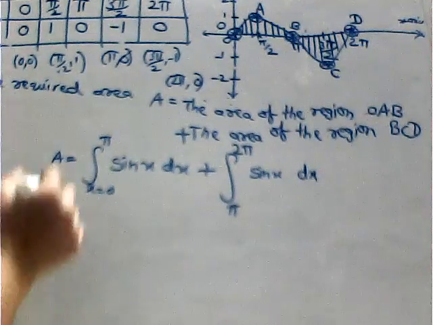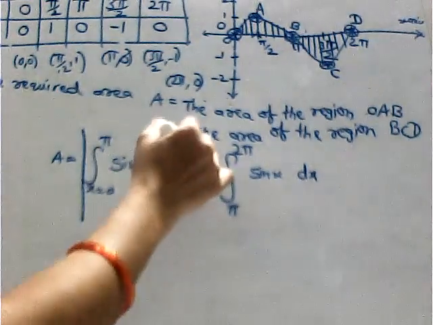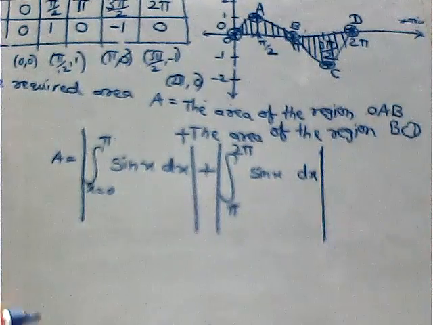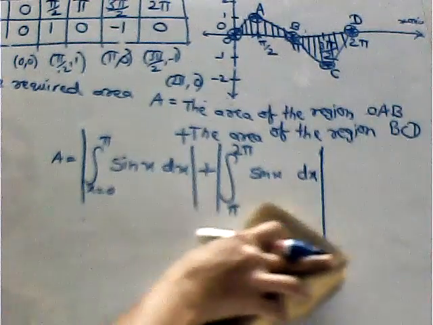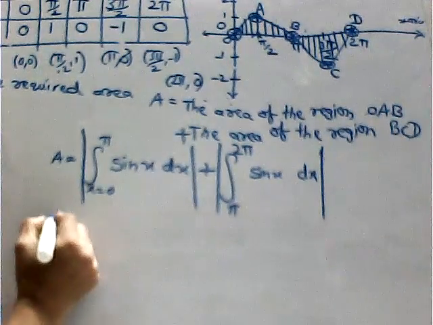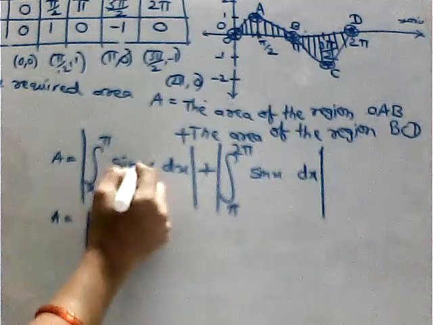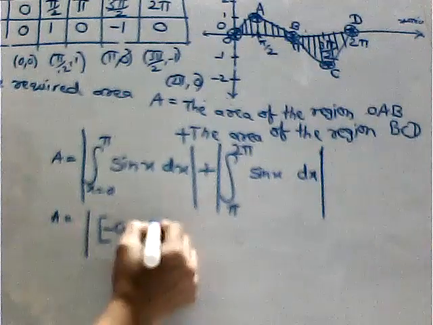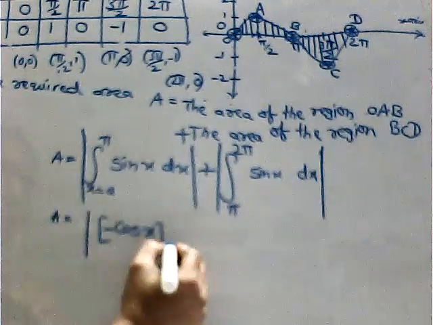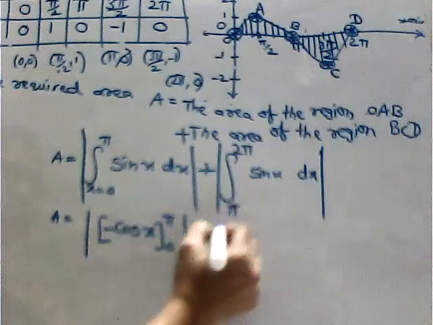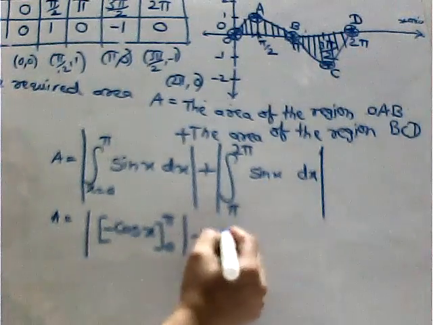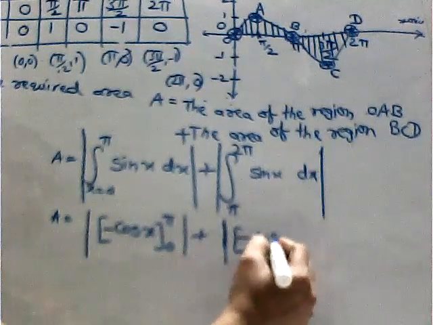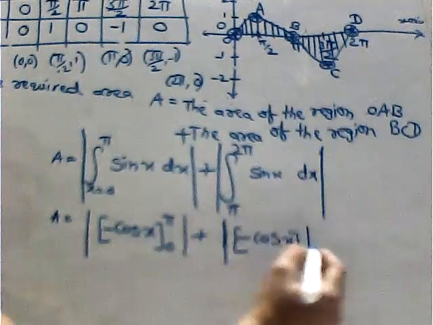Now we can find the area, so for that we take the modulus too. A equals modulus of integral sin x. The formula is minus cos x, taken over the interval from 0 to pi, plus here also the integration of sin x equals minus cos x, take modulus of minus cos x, with intervals from pi to 2 pi.